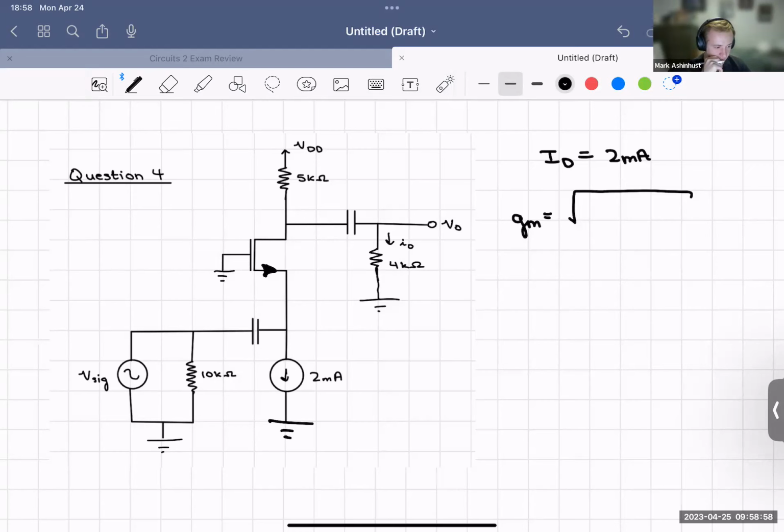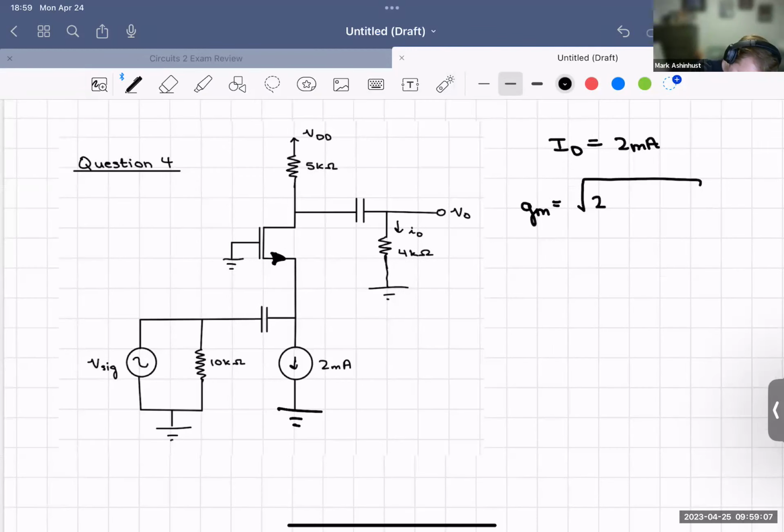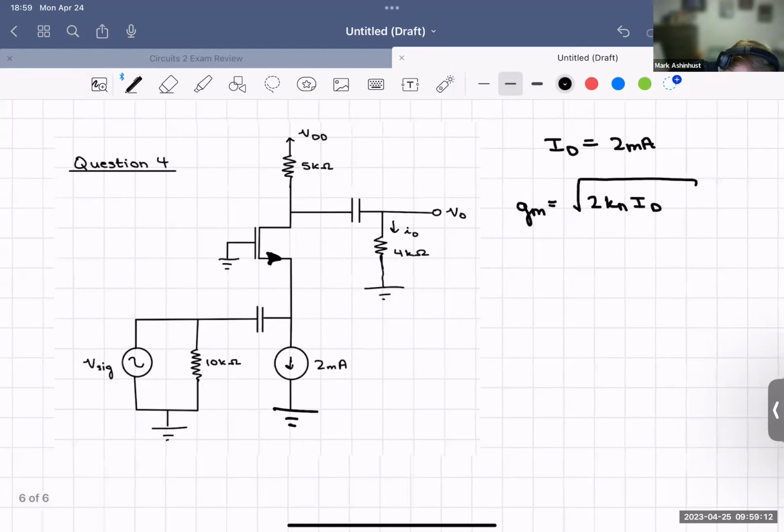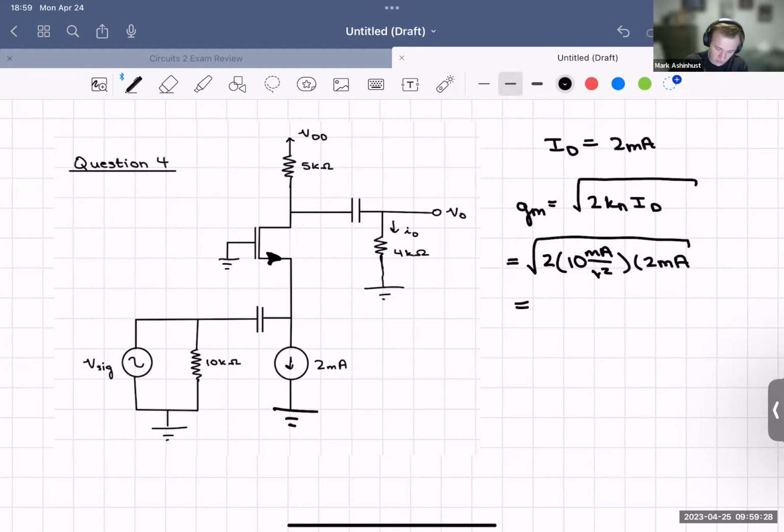So we know that gm is the square root of 2 Kn ID. We know all of those, so gm is the square root of 2 times 10 milliamps per volt squared times ID, which is 2 milliamps, which gives us a final answer of 6.3 milliamps per volt.